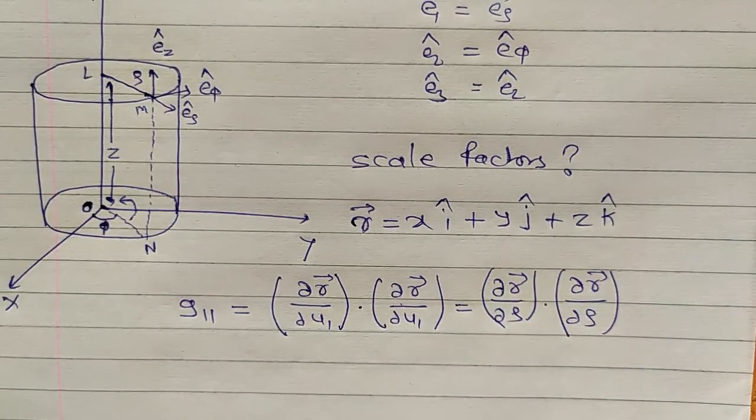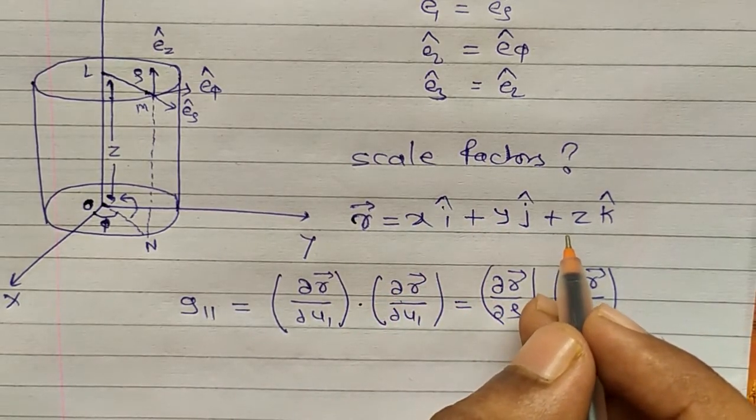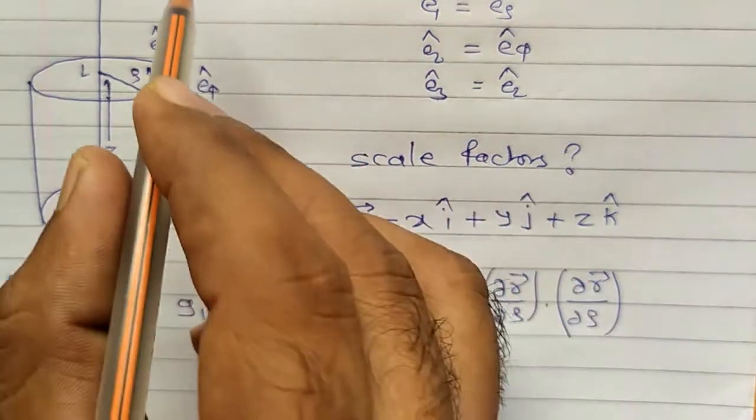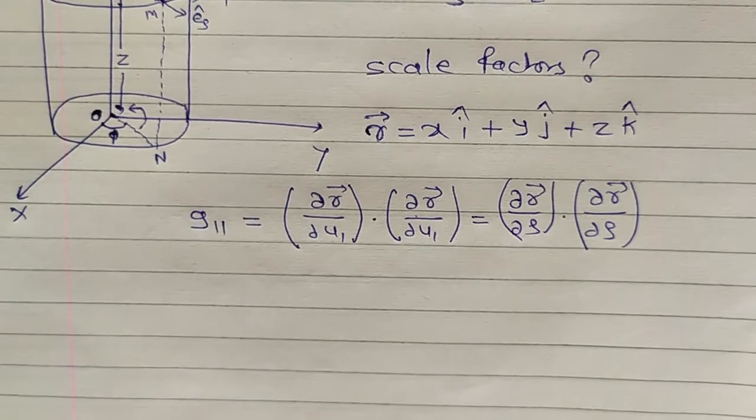Now I cannot use this expression directly, so I have to put the values of x, y and z, which are in terms of the other coordinates rho, phi, z. We have found the transformation equations.